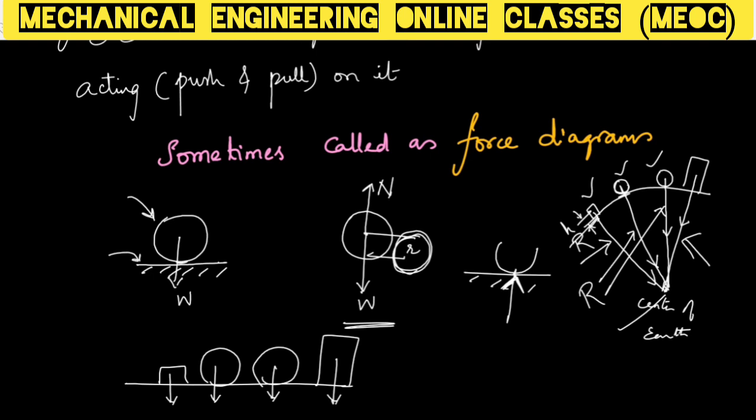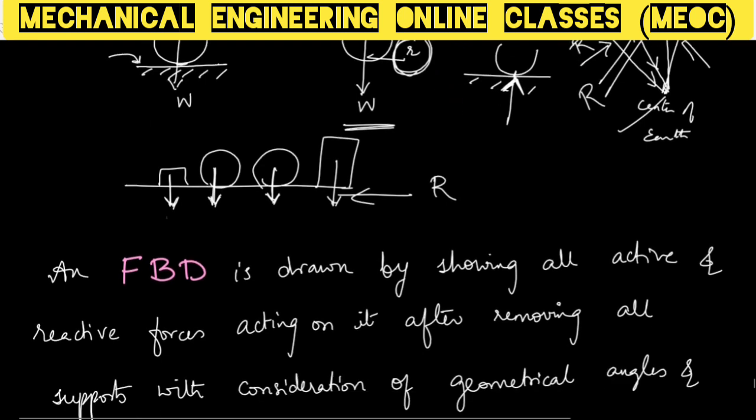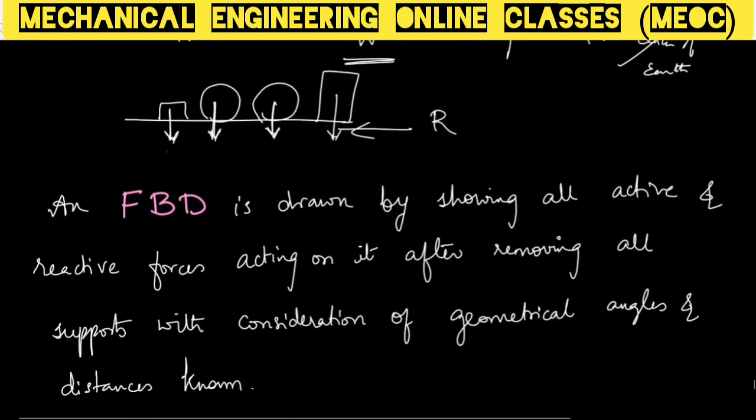So they can be considered to be acting vertically downward. All these vertically downward forces are parallel to each other. So this is what active and reactive forces are.